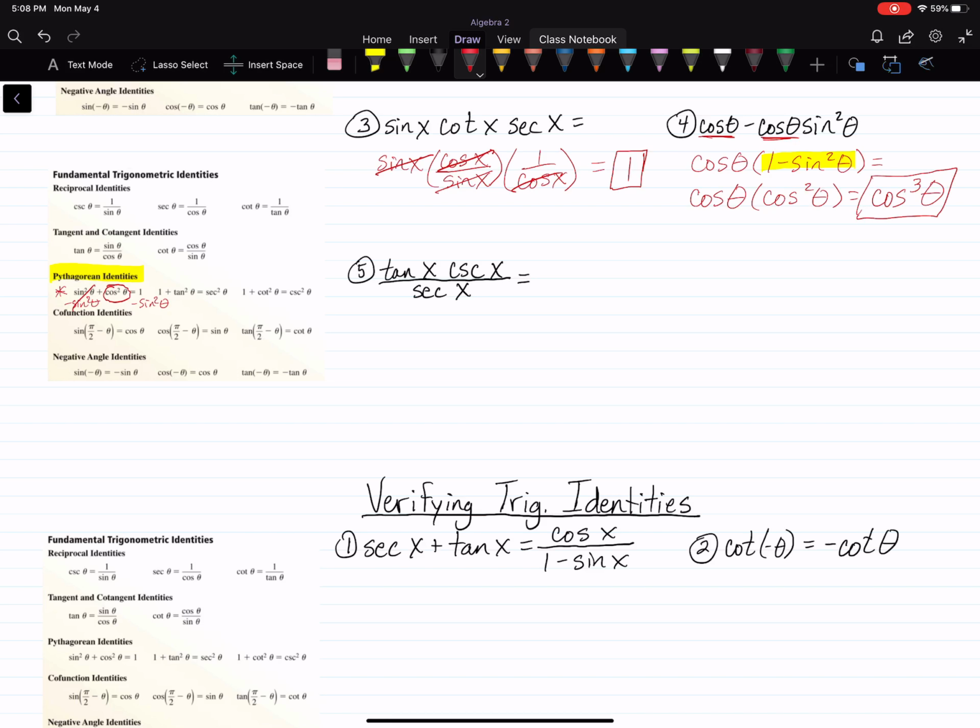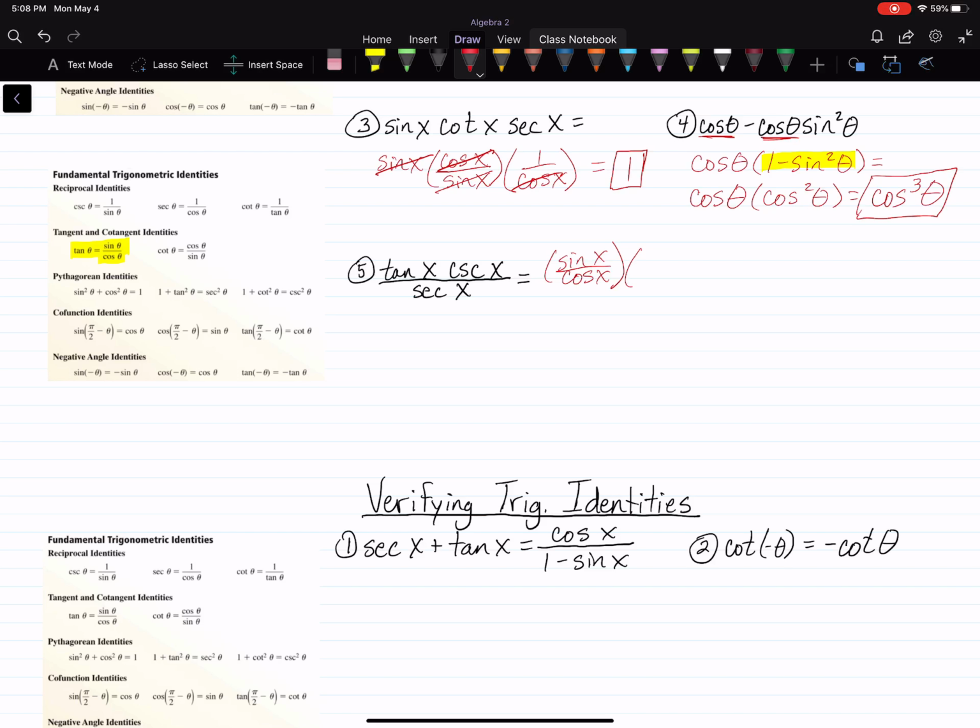And again, just simplifying. Number 5, again, we don't have anything special, no squares, no adding or subtracting, no doing negatives. So the best way to do this one is to just change everything into sine and cosine. Tangent, I can change to sine and cosine by saying that's sine over cosine, so change that to sine x over cosine x.